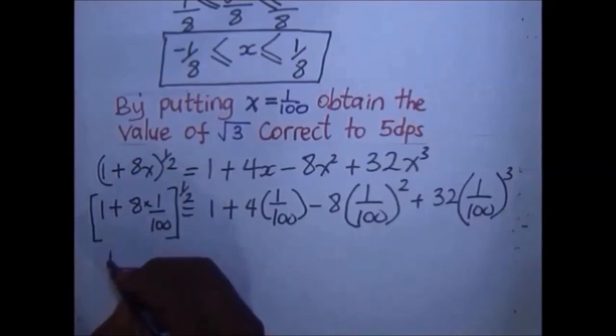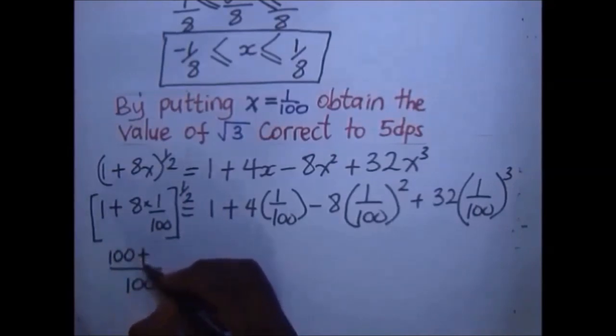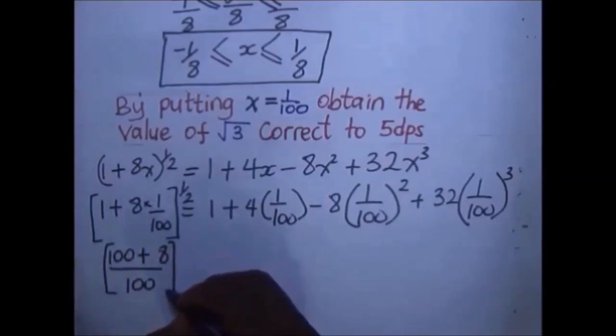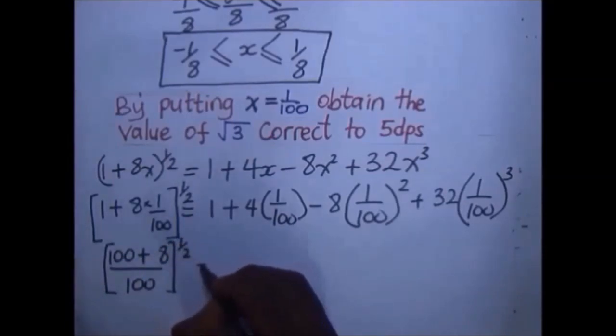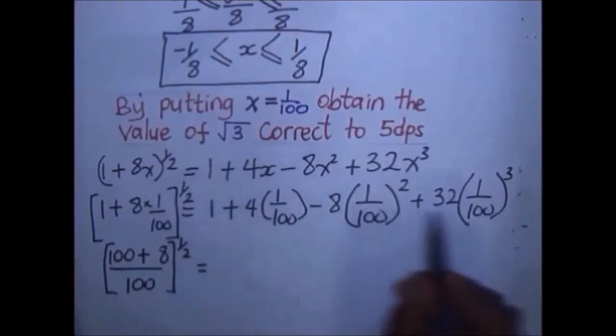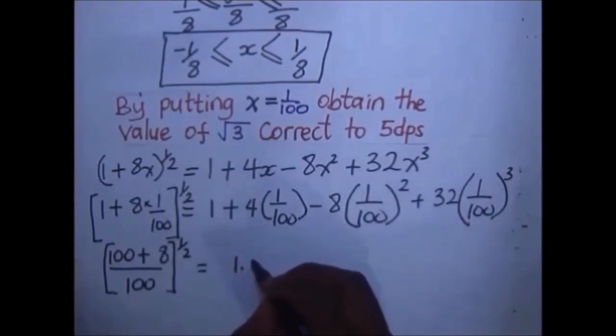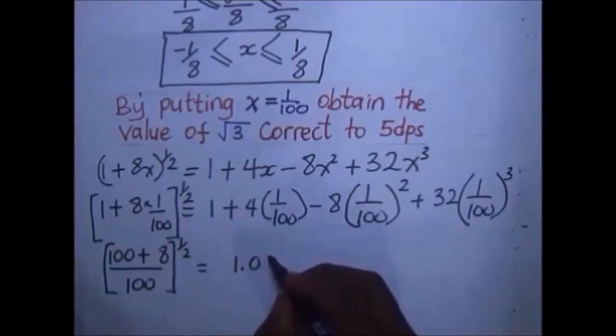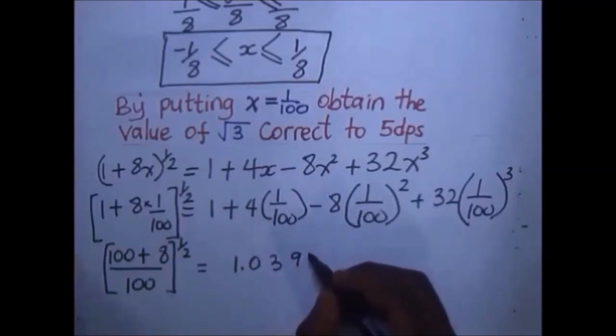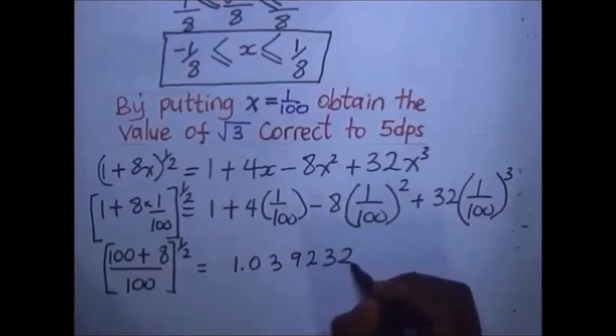So it's going to become 100 plus 8 over 100, to the power half. When we expand and compute all this, it's going to give us 1.0392232.